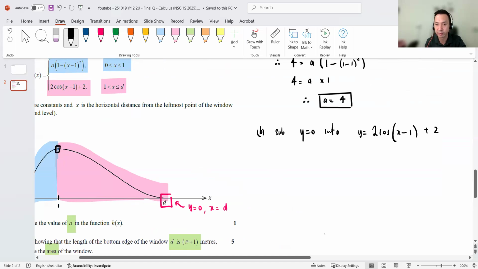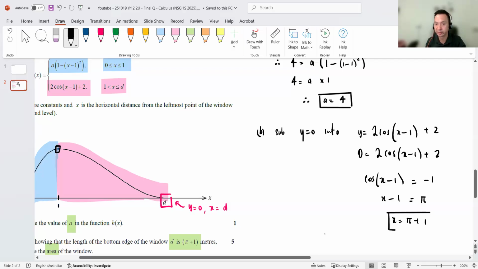Then 0 equals 2 cos(x minus 1) plus 2. Now cos(x minus 1) equals minus 1. When does cos equal minus 1? At pi, right? And x equals pi plus 1. Okay, cool. That's the first part. Not sure how many marks it is, probably 1 maybe, or 2.